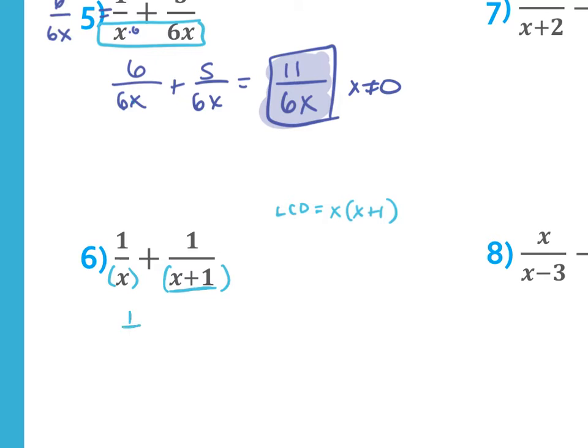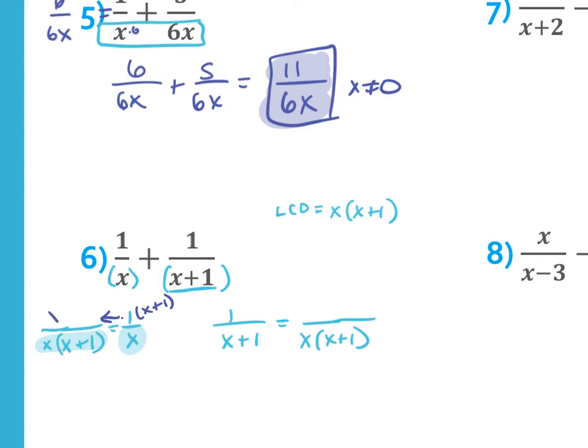Now I have to make 1 over x become something over x times x plus 1, and I have to make 1 over x plus 1 something over x times x plus 1. So this is what we mean by multiply the numerator by what's missing from the denominator. From here to here, I need the x plus 1. So I would have to multiply 1 times x plus 1, and I'd get x plus 1.